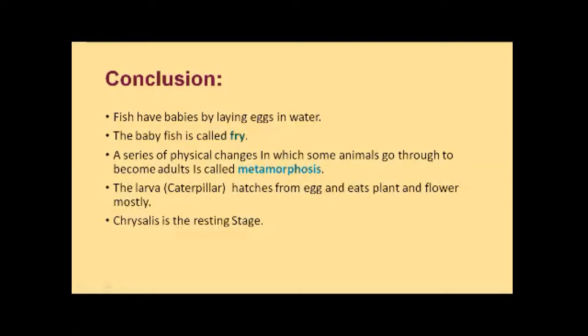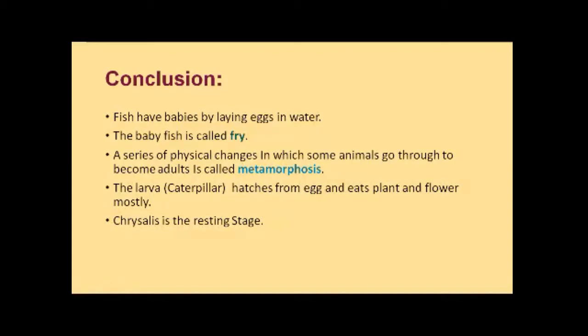A series of physical changes which some animals go through to become adults is called metamorphosis. Beta, I have already told you the meaning of metamorphosis. Metamorphosis means changing shape.